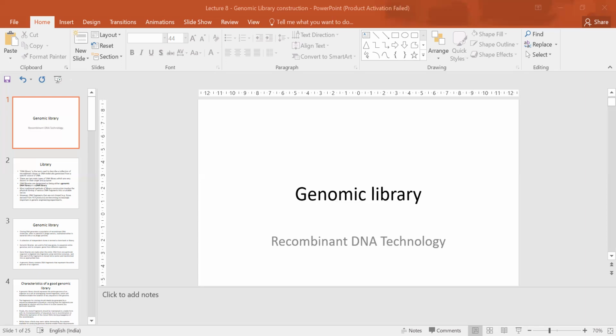Now, the second point is how we can actually prepare this genomic DNA library. For that, we need to isolate the genomic DNA from cells of an organism and then fragment it into smaller pieces using restriction endonucleases and also other methods.